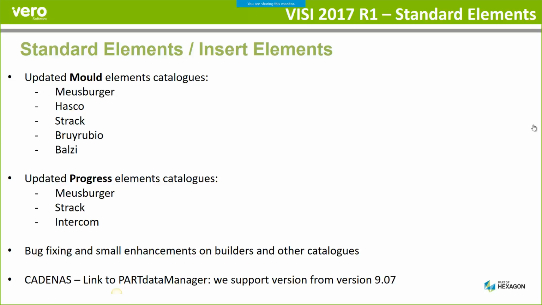For progress, Meusburger, Strack, and Intercom, as well as adding new functions into new builders and into these manufacturers. We've done a lot of bug fixing and small enhancements on a large range of builders and other catalogs. Anybody using Cadenas, we now support up to version 9.07.